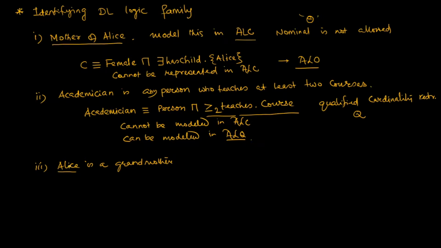It might occur to us that as this is an individual, we might need to convert this into its nominal form, as we did for this example 1, right? But we'll see that we do not really require to convert this into a nominal. So why? First, we will be defining this grandmother concept. So how do we define the grandmother concept?